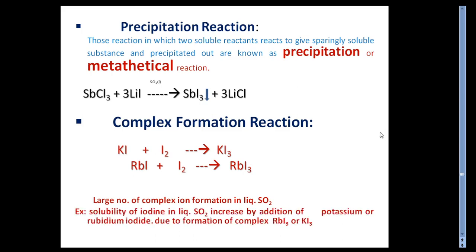So there are a large number of complex ion formations in liquid SO2. The solubility of iodine, as we discussed, increases as we add potassium or rubidium iodide, and that is the reason for the formation of these two complexes, KI3 and RbI3.